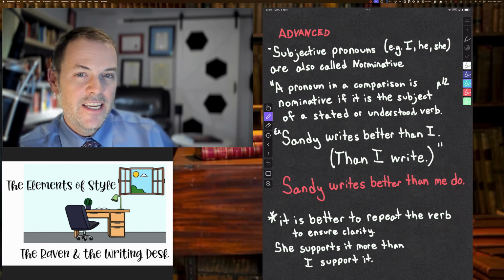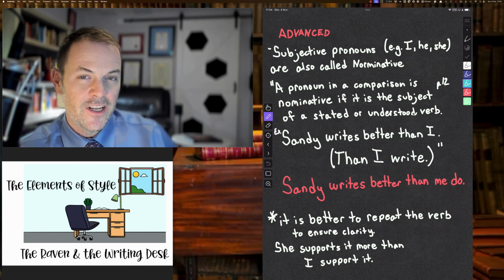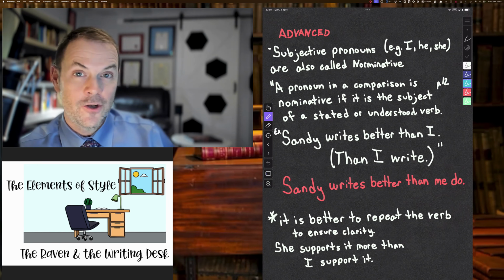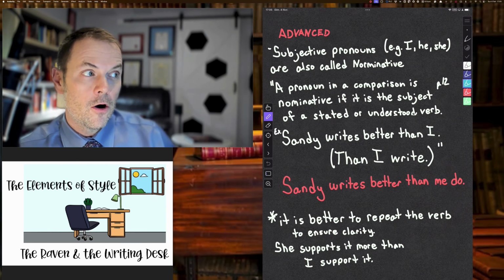It's easy enough so far. But it does get a little bit more advanced, and this gets into the dreaded, is it I or me? A lot of English speakers will get this incorrect, so let's go through this slowly. Subjective pronouns, words like I, he, she, are also called nominatives.